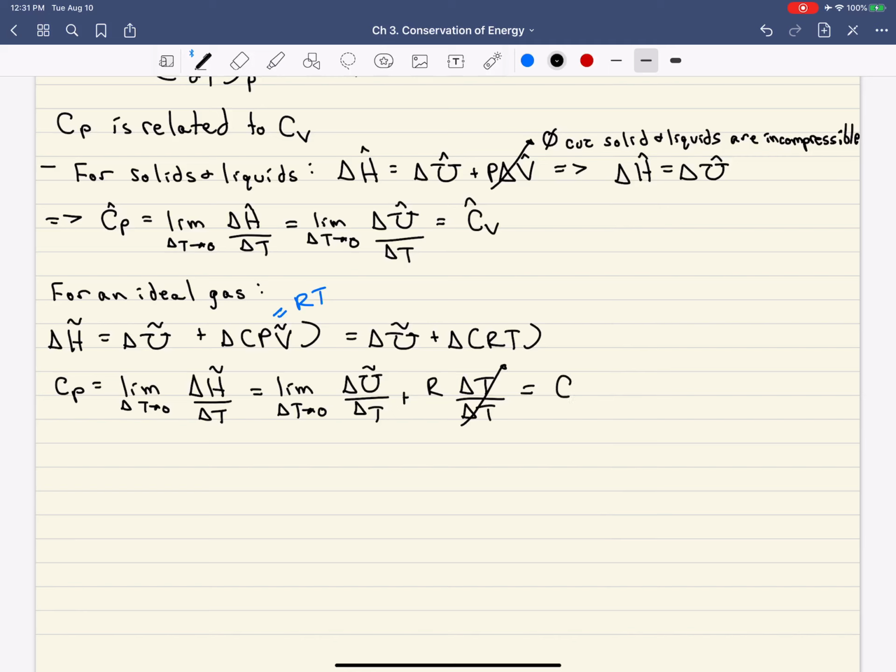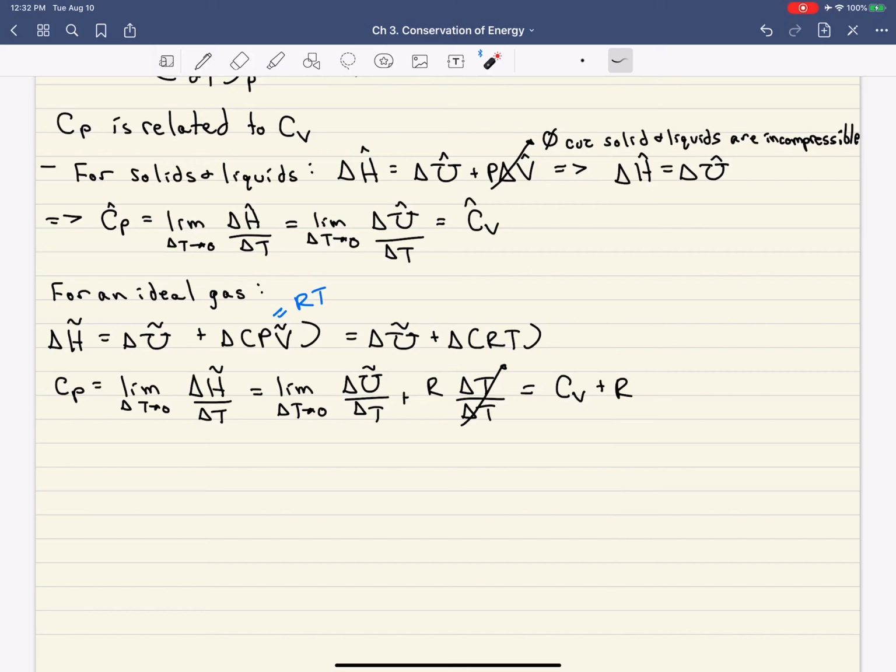So since we know this is the definition of the constant volume heat capacity, what we're left with is that the constant pressure heat capacity for an ideal gas is equal to the constant volume heat capacity plus the gas constant.